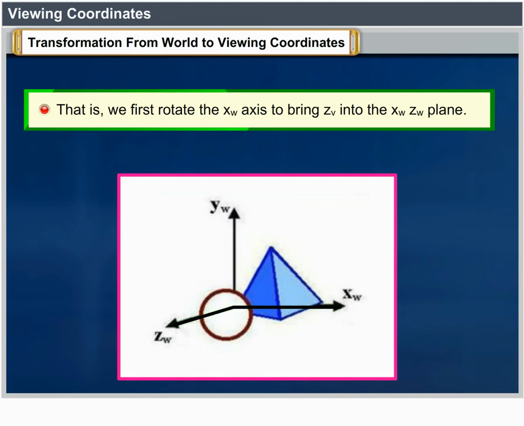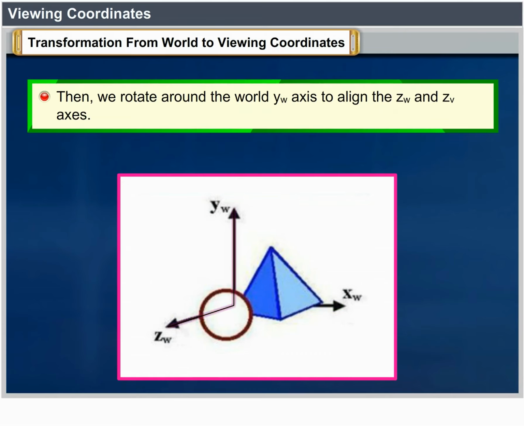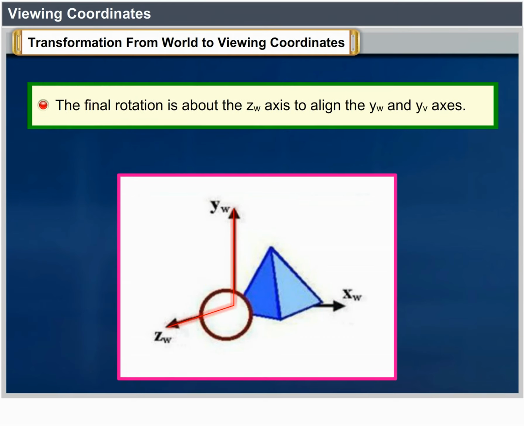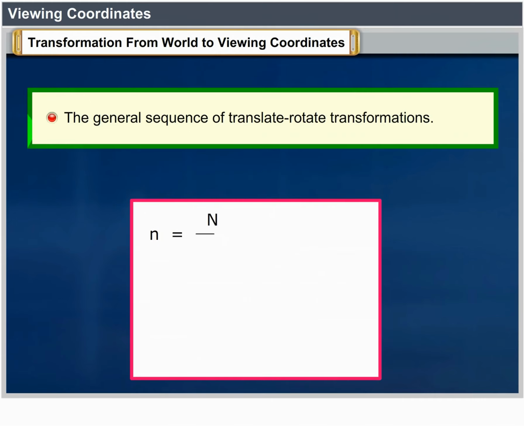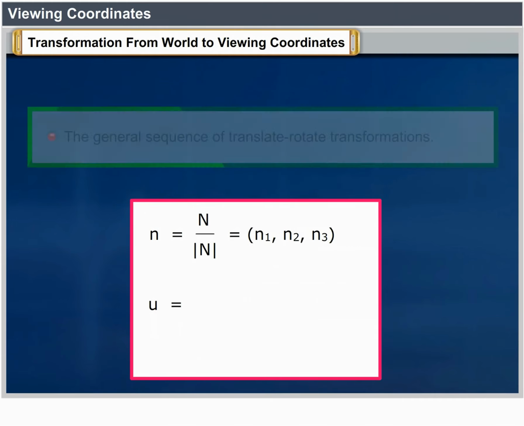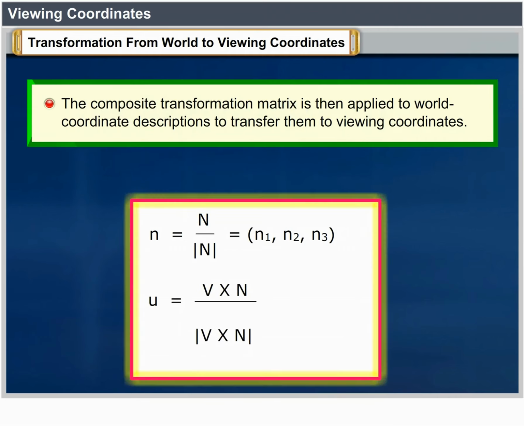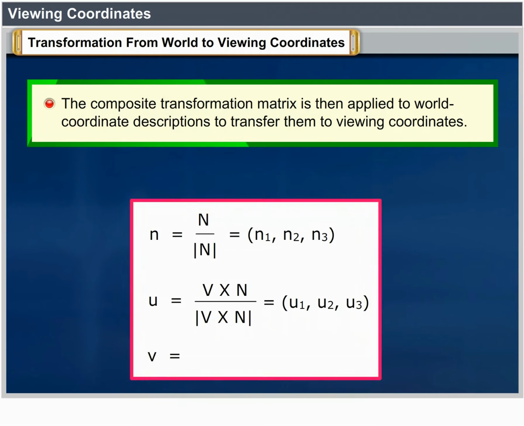Then we rotate around the world YW axis to align the ZW and ZV axes. The final rotation is about the ZW axis to align the YW and YV axes. Further, if the view reference system is left-handed, a reflection of one of the viewing axes, for example the ZV axis, is also necessary. The general sequence of translate-rotate transformations. The composite transformation matrix is then applied to world coordinate descriptions to transform to viewing coordinates.